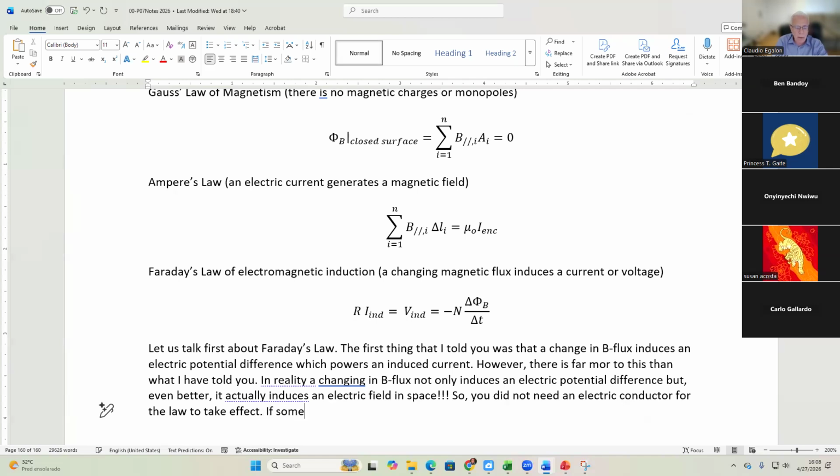If somewhere you were to change the B flux in a region in space, this B flux would automatically induce an electric field in space.